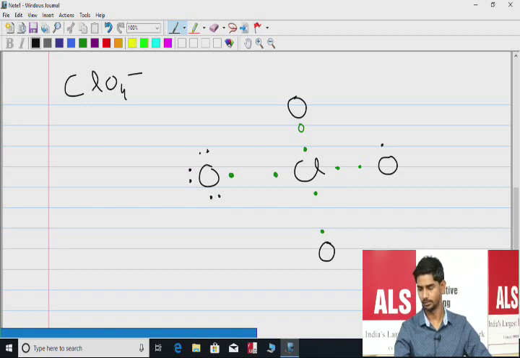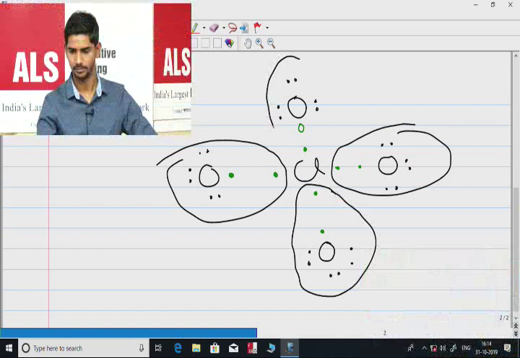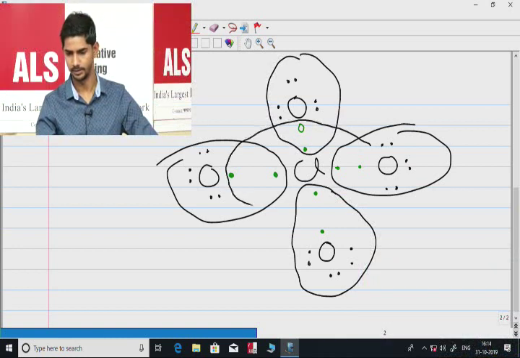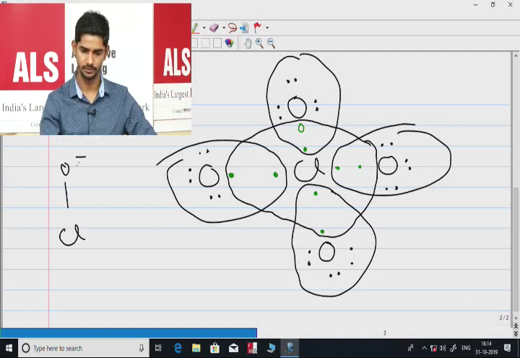And these are the electrons on the oxygens. Seven and 1, 8. Seven and 1, 8. Seven and 1, 8. And then this one. Okay? This should be the answer. And then you can write it like this.